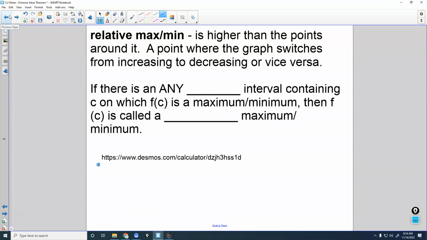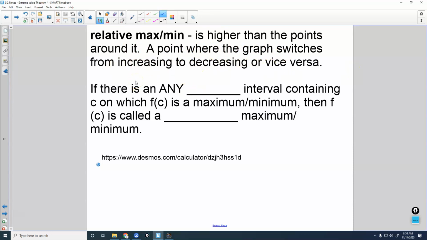Local is going to be, we'll talk about this on the next slide, your relative maximum or minimum. So a relative maximum or minimum is higher than the points around it, but it's not necessarily the highest point on the graph. It's a point where the graph switches from increasing to decreasing or vice versa.